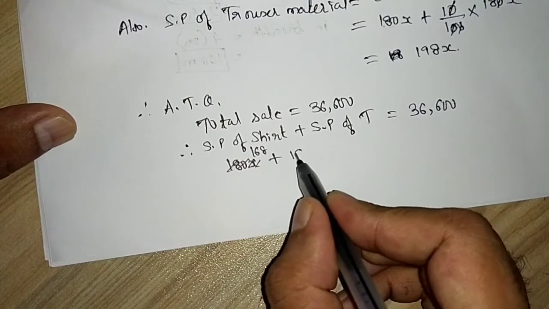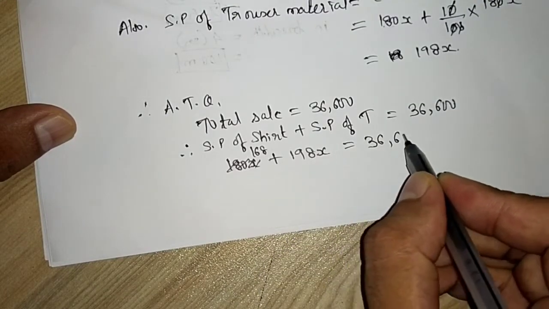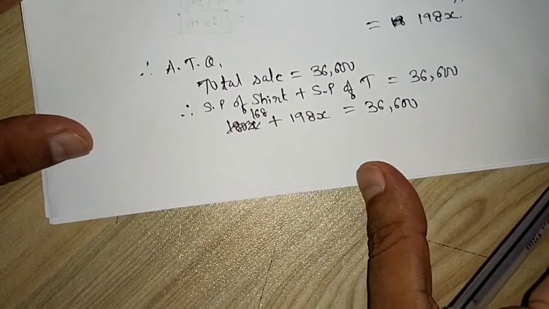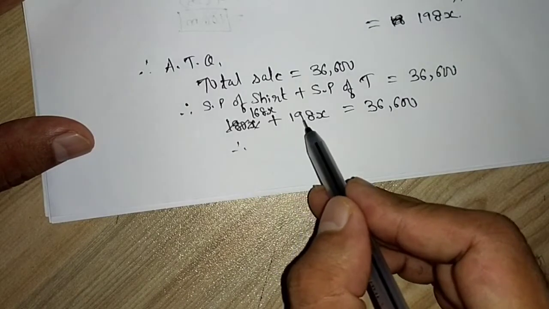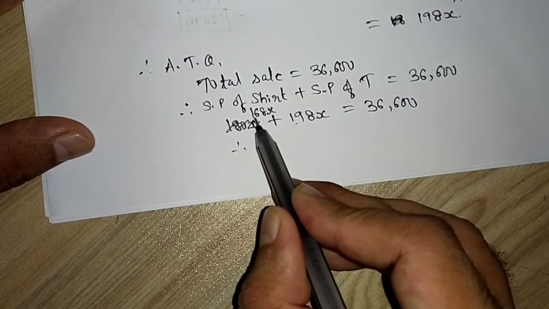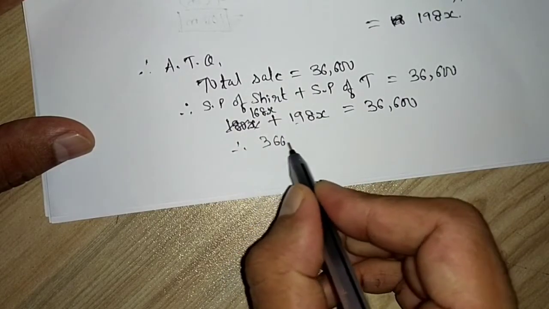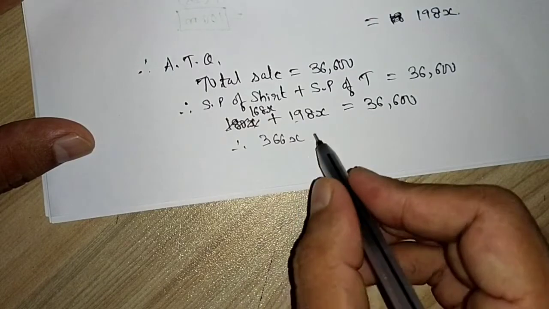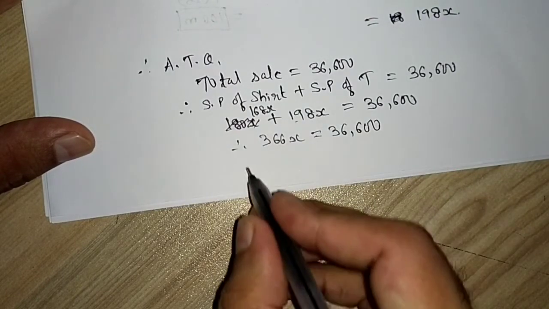168x plus 198x is equal to 36,600. We will add this. So 198 plus 2 will give me 200 and 166 over here. So it will be 366x is equal to 36,600.